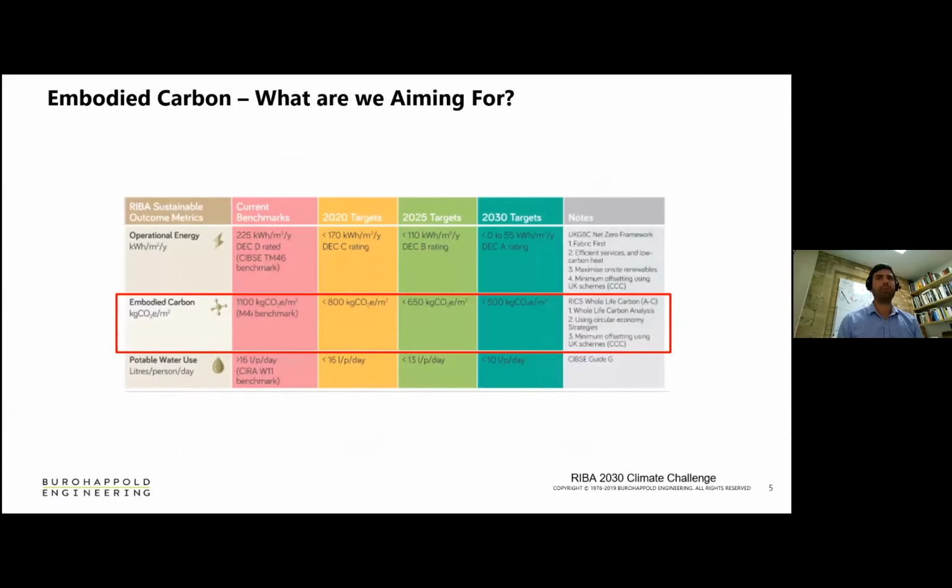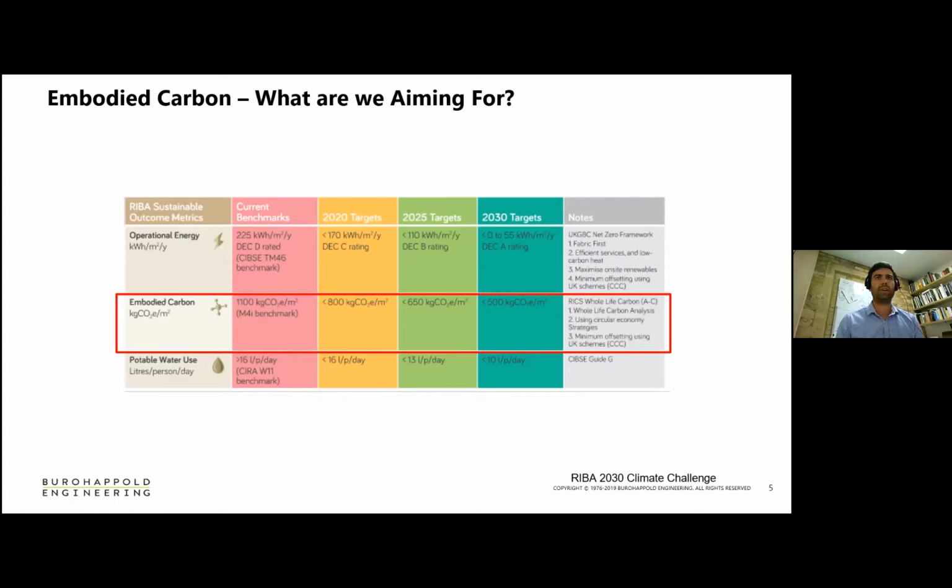We need to know where we're aiming for, and I'm sure you in this conference have already discussed the RIBA climate challenge. This has actually been very useful for us as structural engineers. As a profession, you're one step ahead of the structural engineers.